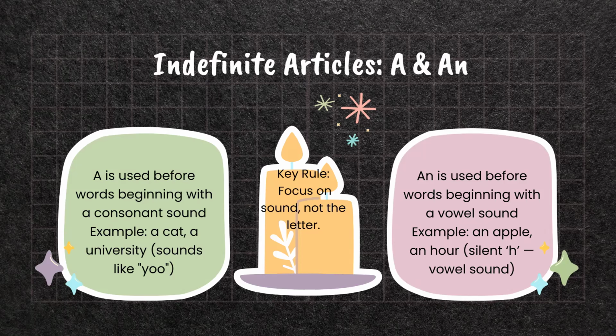But we also say a university, even though university starts with the letter U, because it gives you a consonant sound, yu. On the other hand, we say an apple because it begins with a vowel sound, a. Also, an hour, even though it starts with the letter H, the H is silent. The word starts with the sound ow. This sound rule is crucial to avoid common mistakes.